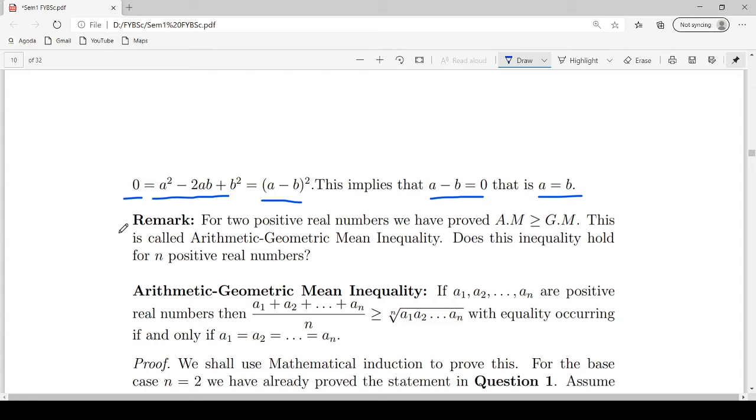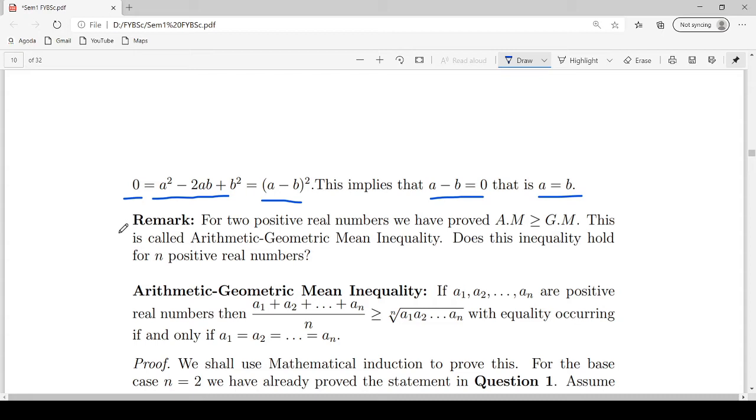Now, since for two positive real numbers we have proved arithmetic mean is greater equal geometric mean, naturally the question arises, is it true for any n positive real numbers? That means if you have n positive real numbers, can you say arithmetic mean of those n positive real numbers will be greater equal geometric mean of those n positive real numbers?